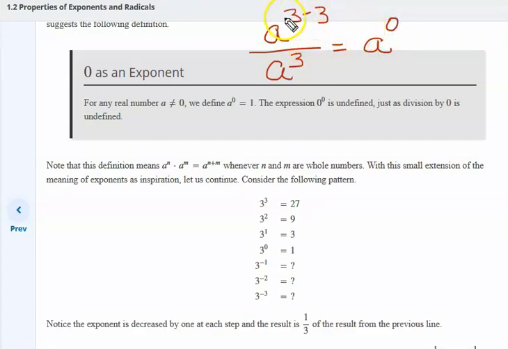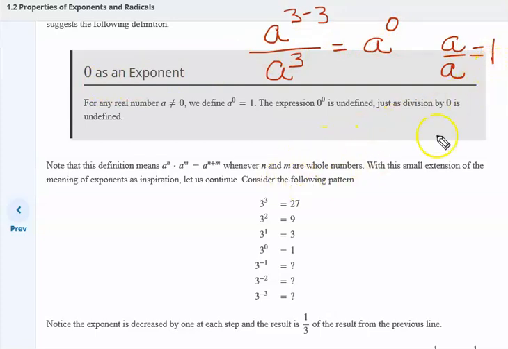Thinking of this in its original form, a to the third divided by a to the third, or just plain a divided by a, anything divided by itself, so long as it's not 0, is 1. So anything to the 0 power, that's the zero exponent rule, is going to be 1.